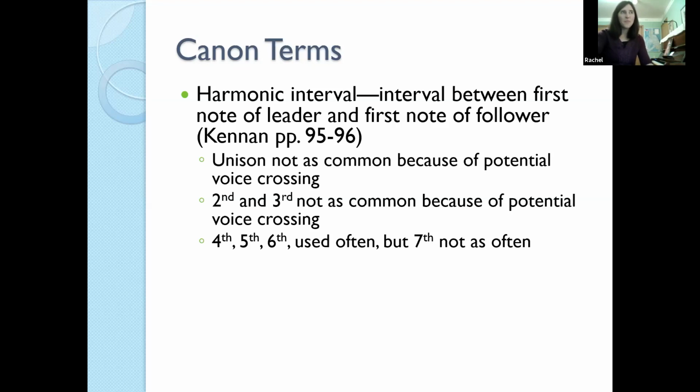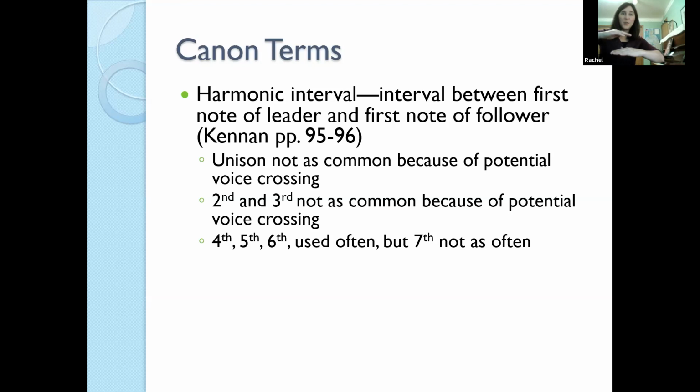Let me just say something about the fourth and the fifth also. Okay, so let's say your leader is starting below, then your follower is going to start above. Let's say your leader starts on do, and then your follower starts a fifth above. What is your follower going to be on? It's going to start on sol, okay?